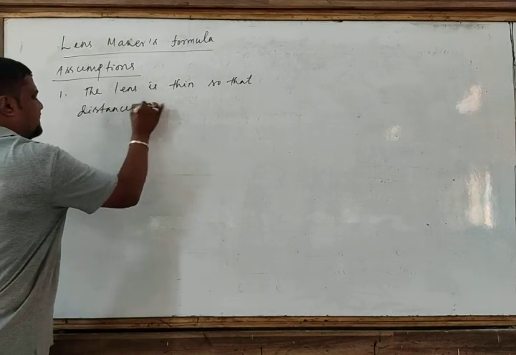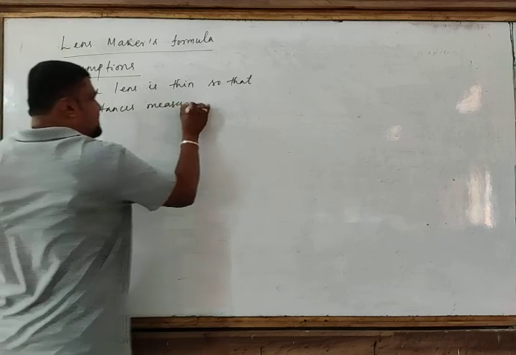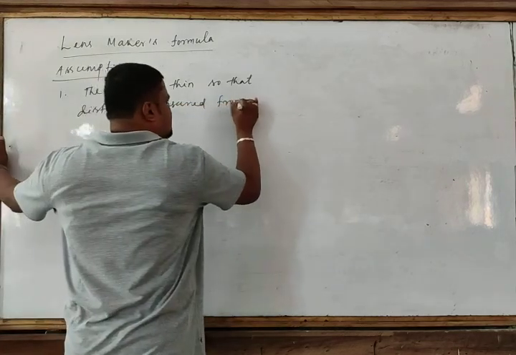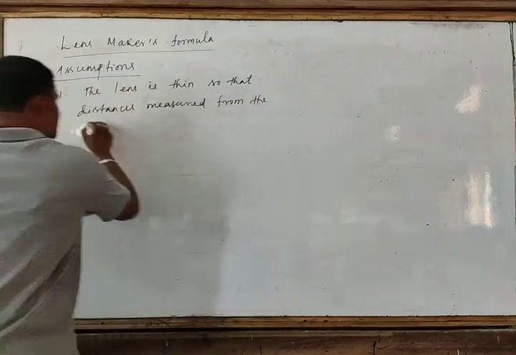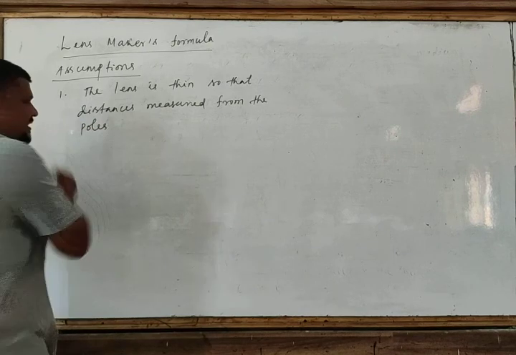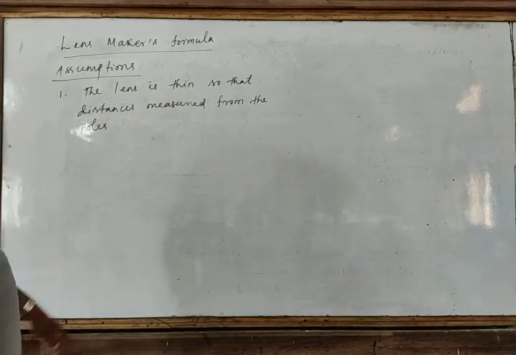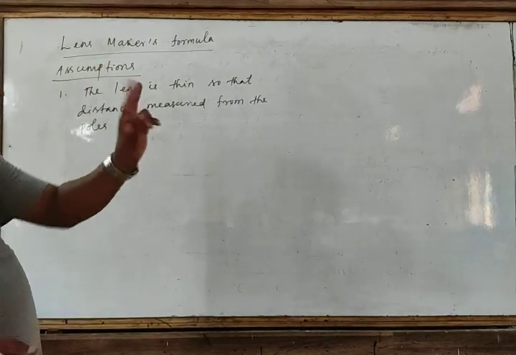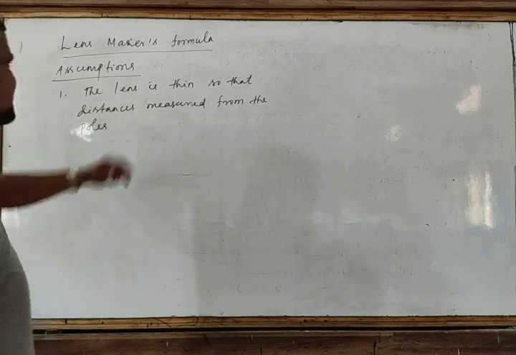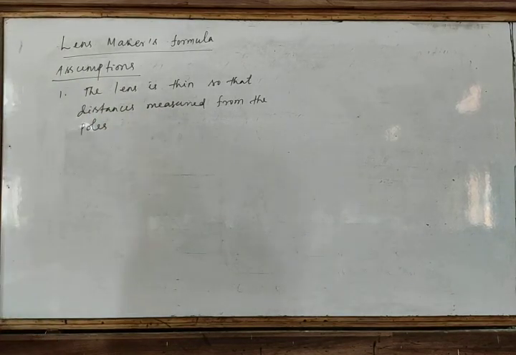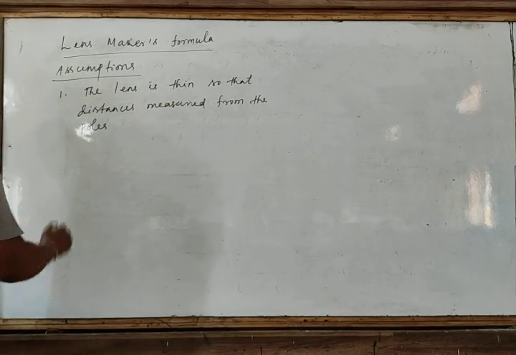measured from the poles, because there are two spherical surfaces for a double convex or double concave lens, and so two poles.